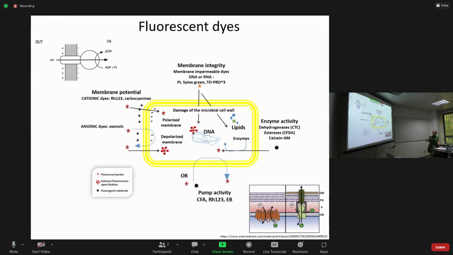Alteration of membrane integrity suggests, for example, bactericidal activity of an antibiotic, while membrane potential modification or changing would suggest only a bacteriostatic activity, and this is important also for the clinician.